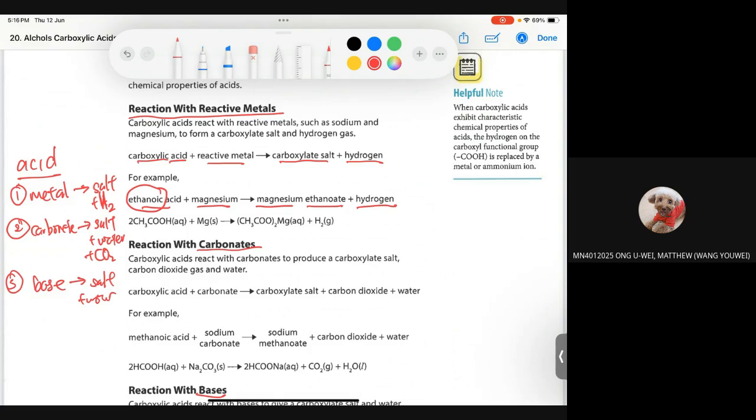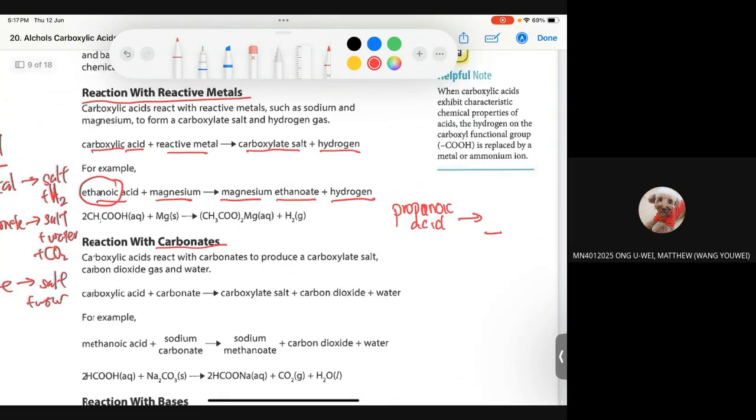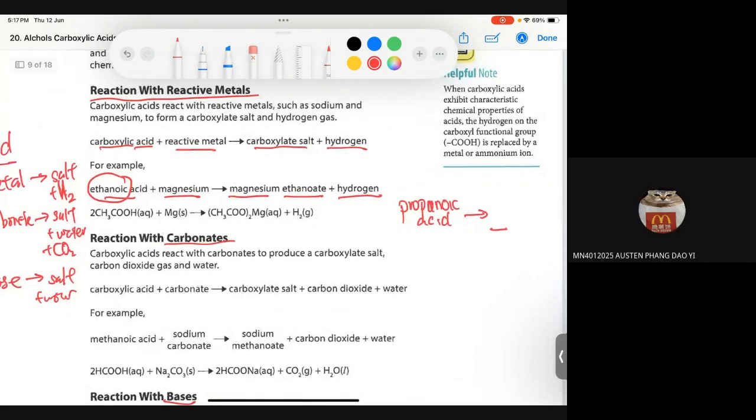If I use propanoic acid, what do you think is the name of the salt produced? Austin, help me. What do you think is the name of the salt that's produced? If I use propanoic acid plus metal, then I'm gonna get a salt, right? What do you think I'll get?